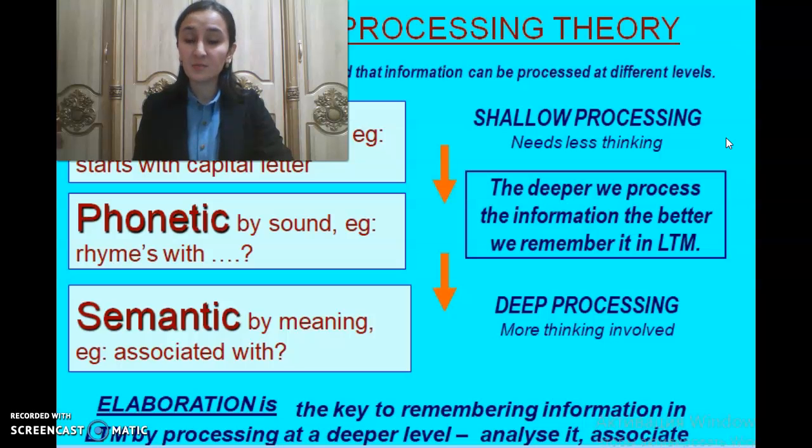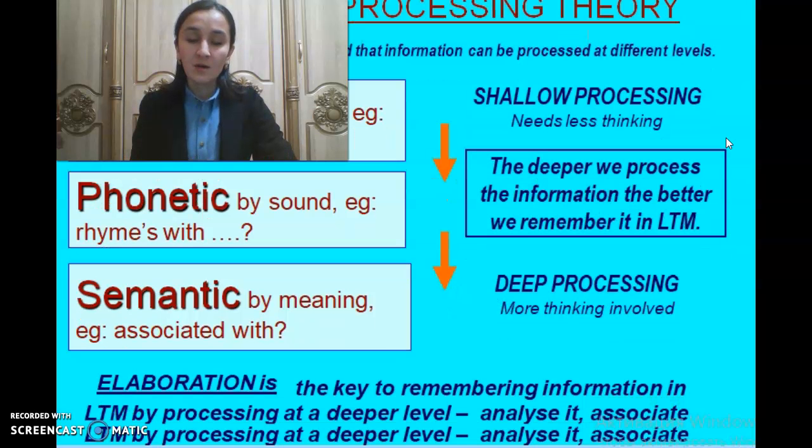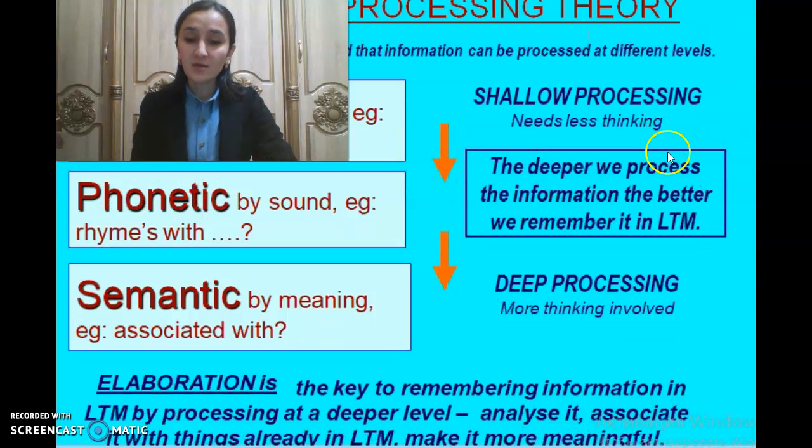But what about deep processing? It requires more thinking. For example, imagine that I ask when Einstein was born, and maybe the majority of you know it, but the others cannot. Okay.